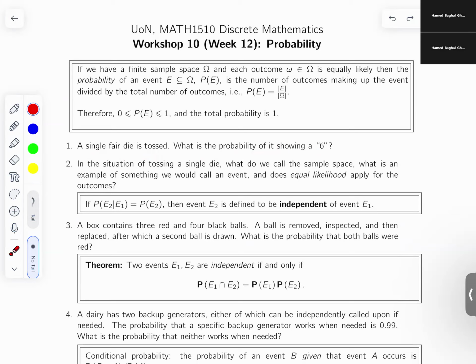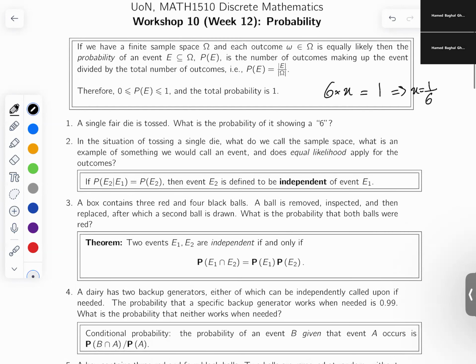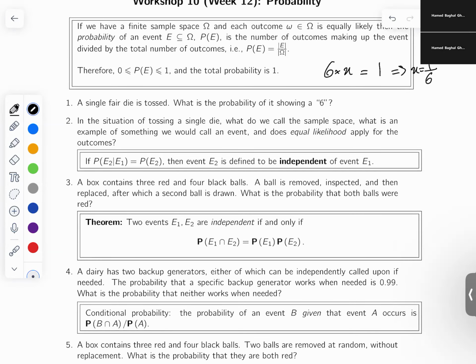So fair means all of them are equal, so let's assume that the probability of each is x. So six of them together equal x plus x plus x, six of them equals one. So it has to be 1/6. Not only six, but every other label. Regardless of the label, probability of each face is 1/6.